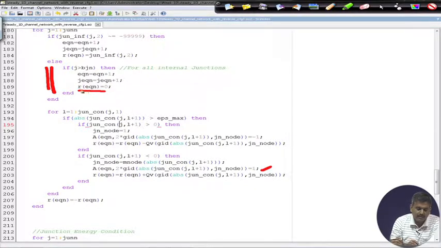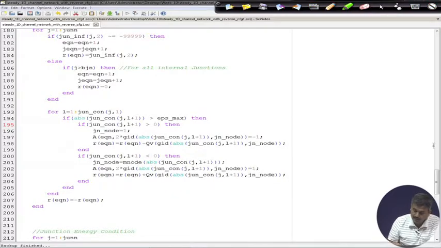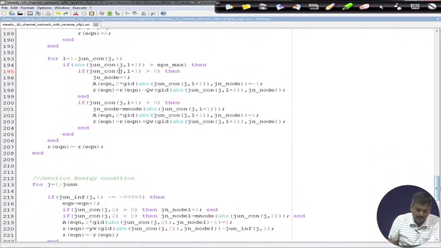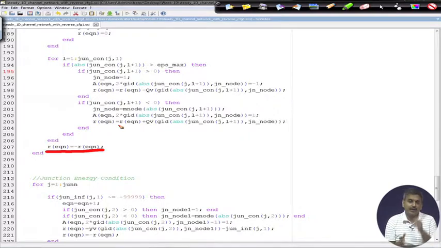So, in this case J R eqn equals to 0. At the end we should write R eqn equals to minus R eqn. Obviously minus of function value is required on the right hand side, that is why I have written it.